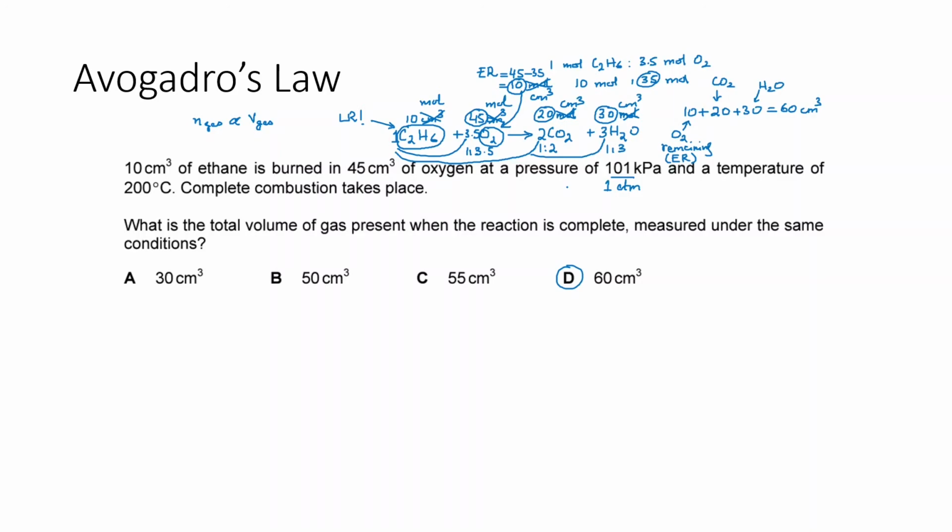So obviously at this temperature and pressure, water would not be a liquid anymore. It would be steam. It would be a gas. And so we're treating it as a gas, and so we applied Avogadro's law as would be applied to any gas. All right. So Avogadro's law was applied in its true sense in this question right here. The number of moles of gas is directly proportional to the volume of a gas.